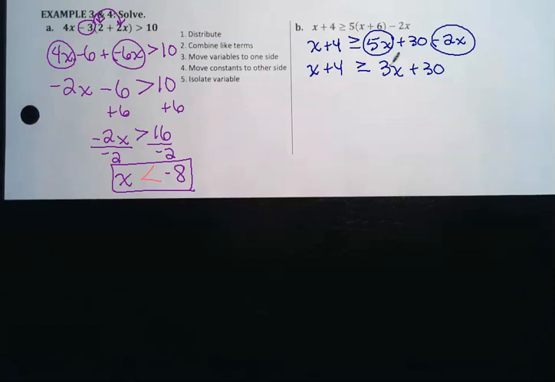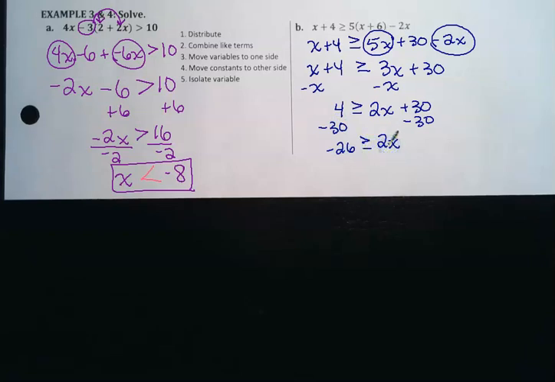Subtract x from both sides. Good choice. Which should be positive 4 is greater than or equal to 2x plus 30. And then subtract 30 from both sides, which would be negative 26 is greater than or equal to 2x.